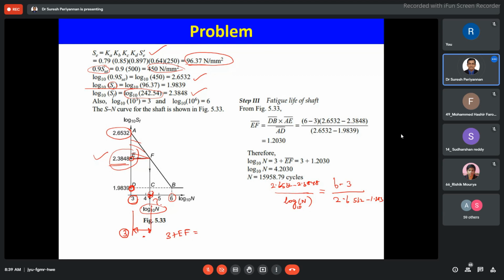Log base 10 N is finally 4.2030. Then convert it from log scale into number of cycles, which is around 16,000 cycles.